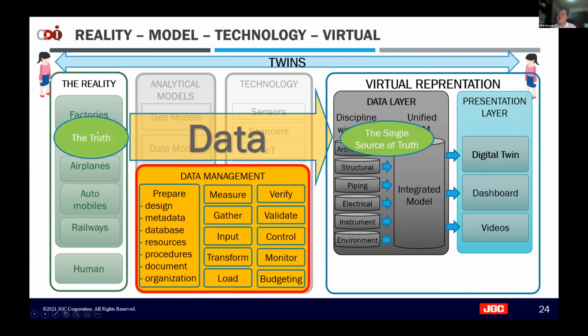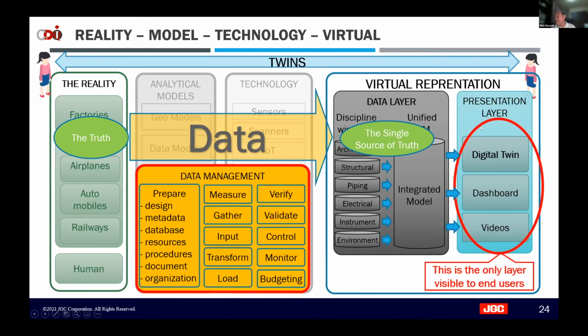So the reality is the truth, and in the virtual representation we have to build a single source of truth. If we have five truths contradicting each other, we don't know which model we have to trust. So we need to establish the single source of truth.